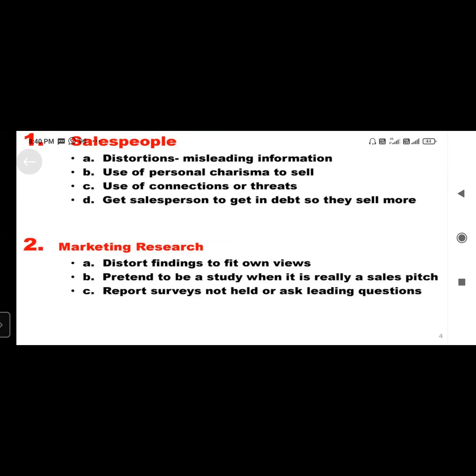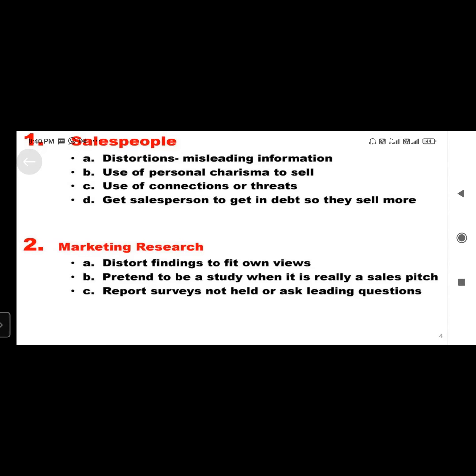For example, we all receive phone calls from various companies that, sir, madam, we are conducting a research. Please spare your 2 minutes. Your information is very valuable to us. We will be asking you 3, 4, 5 questions. You have to just give your answer, and this will help us to come up with the findings related to this particular matter or this particular issue.